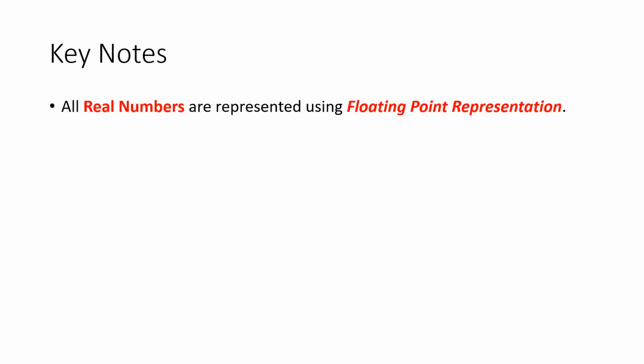So to give you a little summary of the key points for floating point representation, I will now just go through some. As we've covered, all real numbers can be represented using floating point representation. By real numbers, we again are referring to any number that is a decimal number.